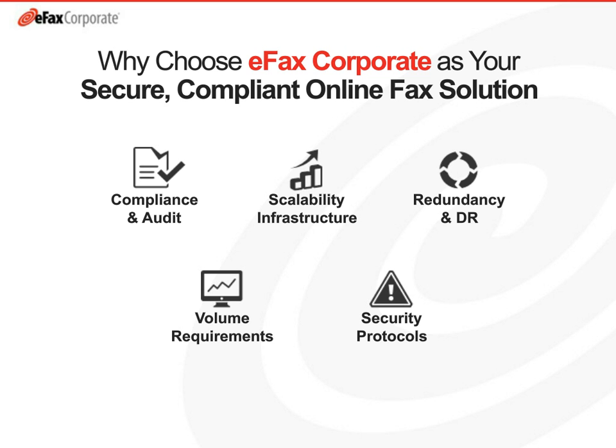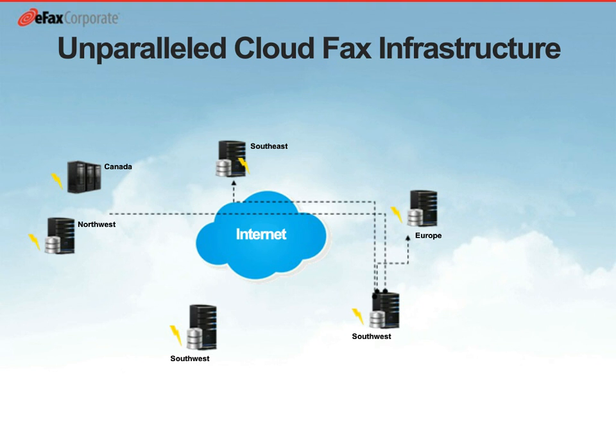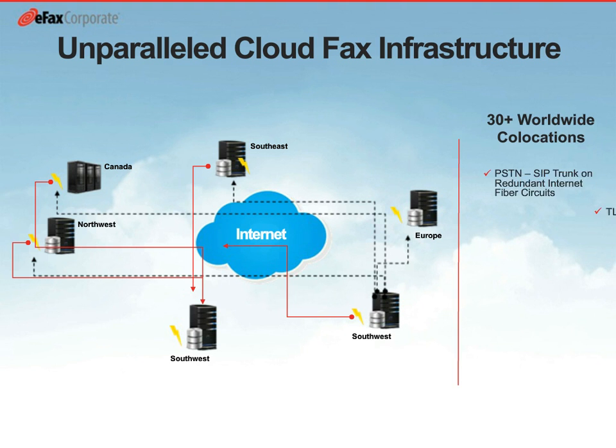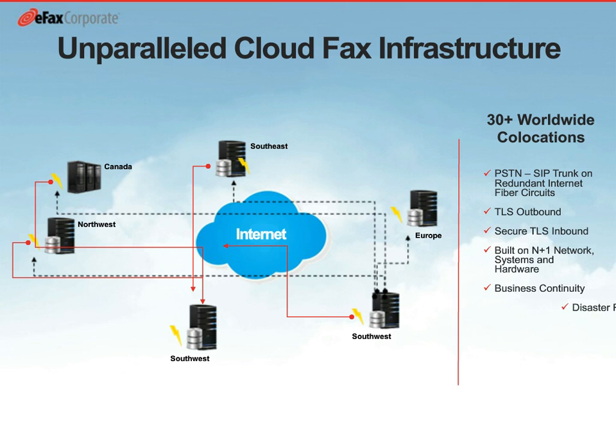And then last thing we wanted to touch on when we talked about the infrastructure and the scalability, this is a high-level, 60,000-foot level network architecture diagram. This is a big differentiator about eFax Corporate. I mean, faxing is our core business. This is what we do.